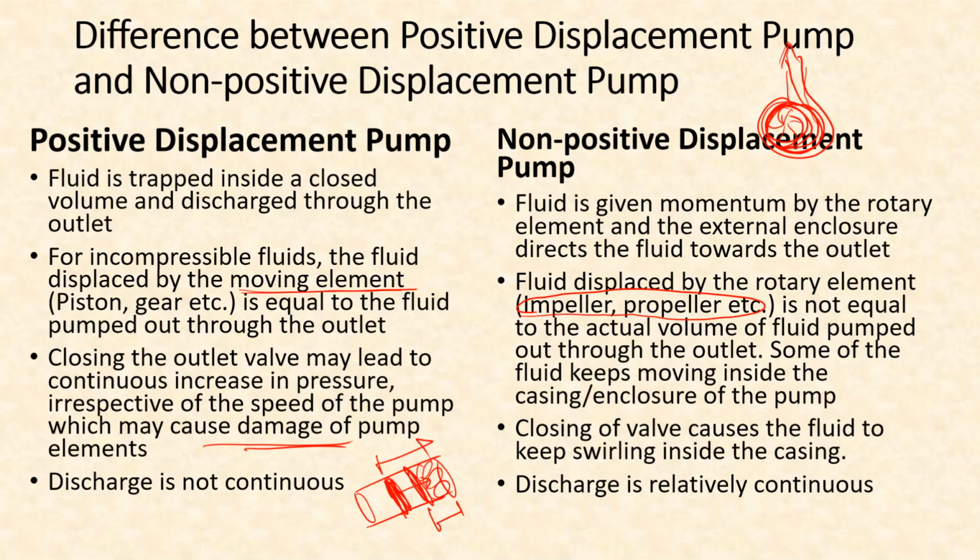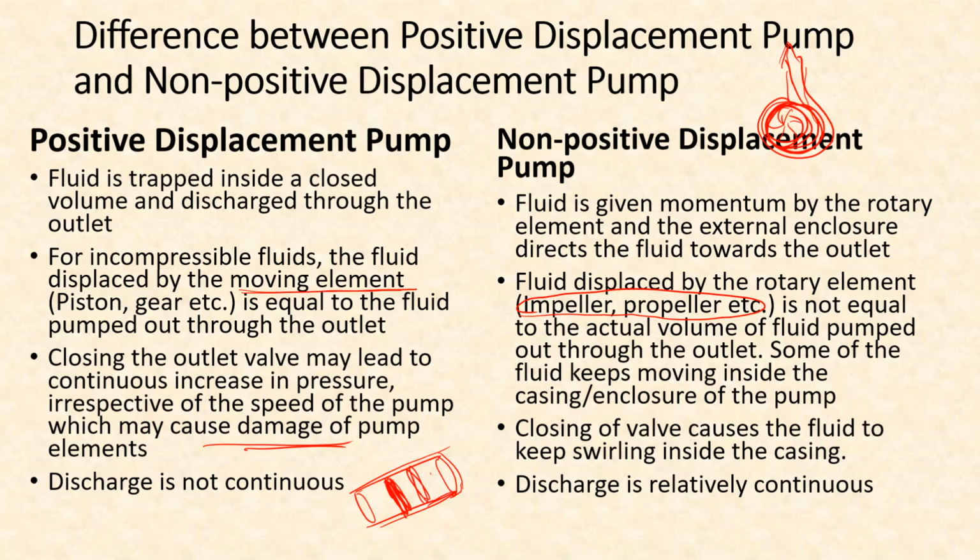So that much fluid must be released through the outlet, and if the outlet is closed, the pressure can increase by a lot inside this piston, and if the piston is not strong enough, if the cylinder is not strong enough, then there may be possibility of explosion or bursting of the pump casing.